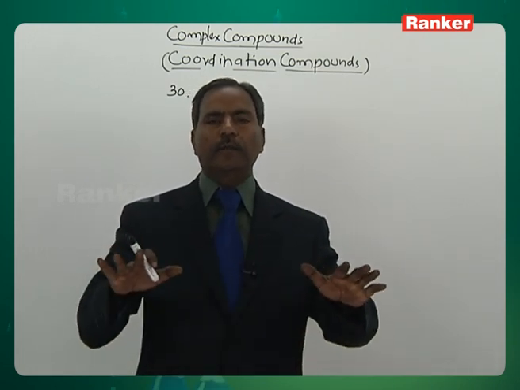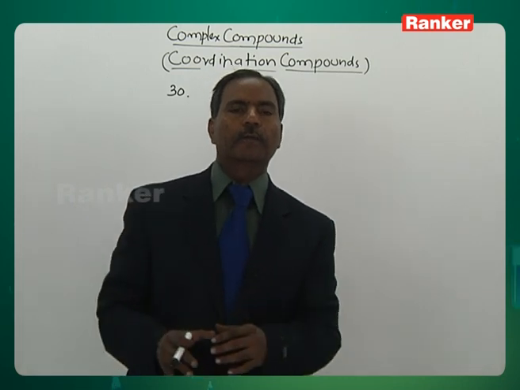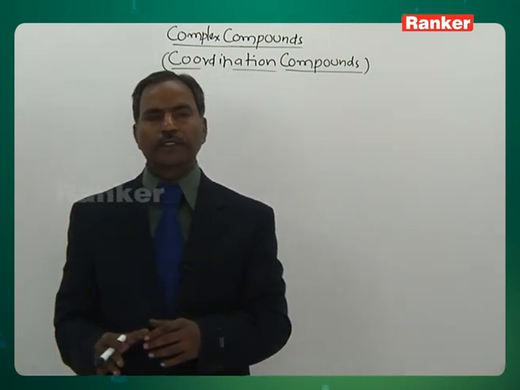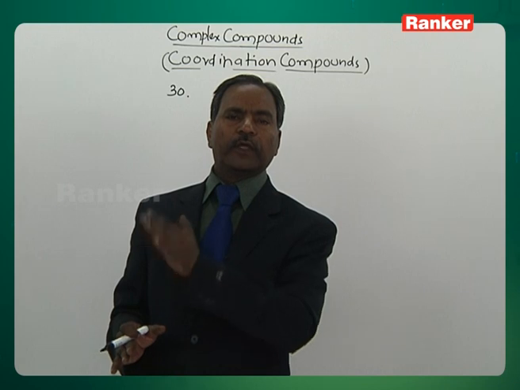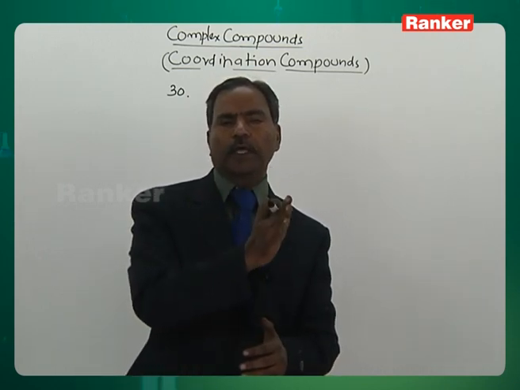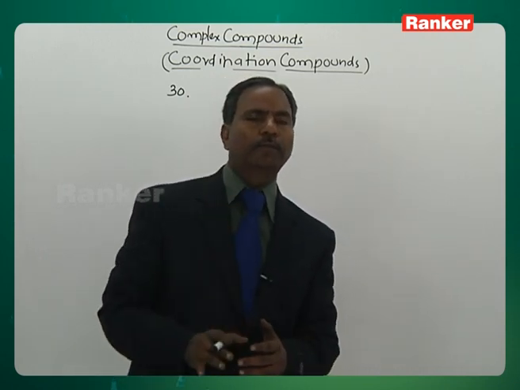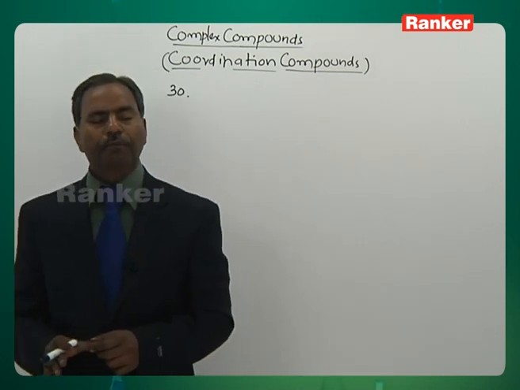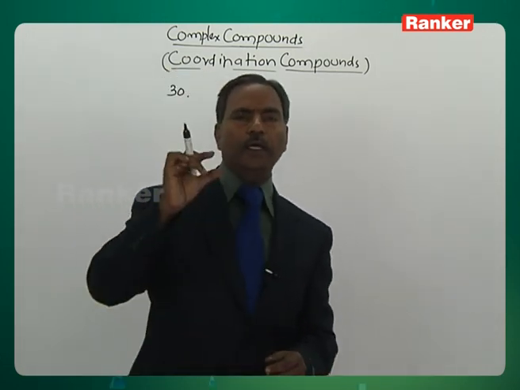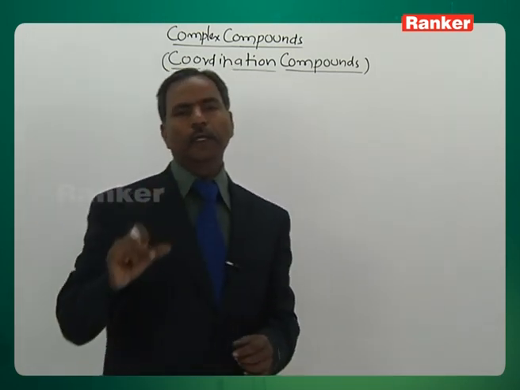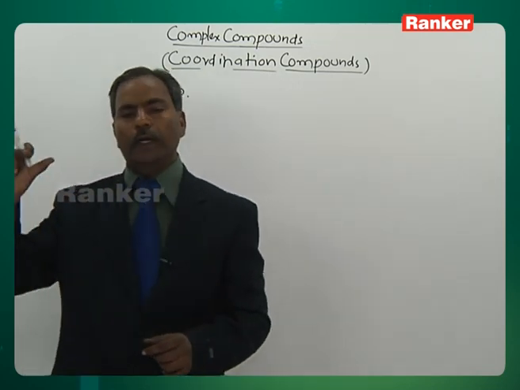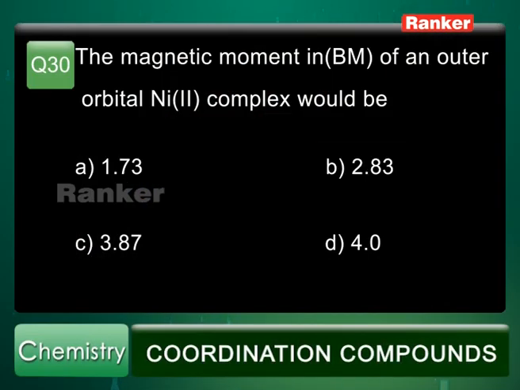Electrons are not paired because it is an outer orbital complex. Of the 8 electrons, 5 are single electrons, and the 6th, 7th and 8th electrons pair up. Therefore 2 unpaired electrons will be there. Then the magnetic moment for a nickel plus 2 complex with 2 unpaired electrons is 2.83. So here the answer is B.